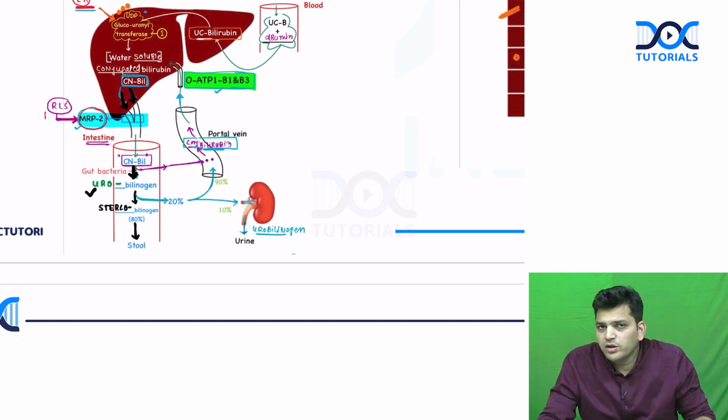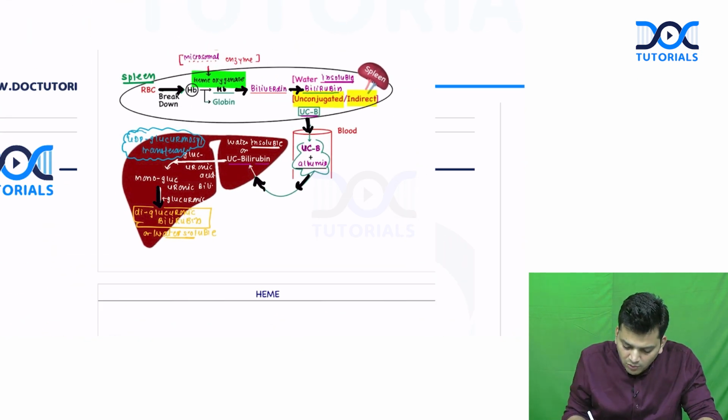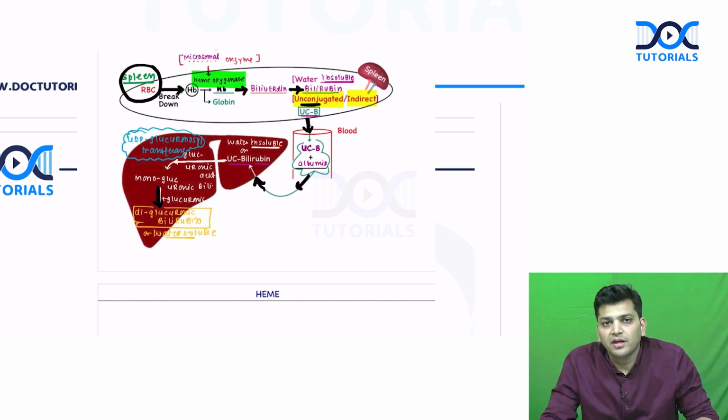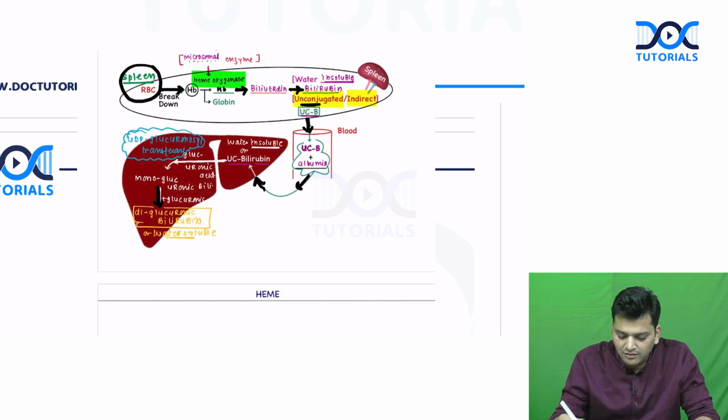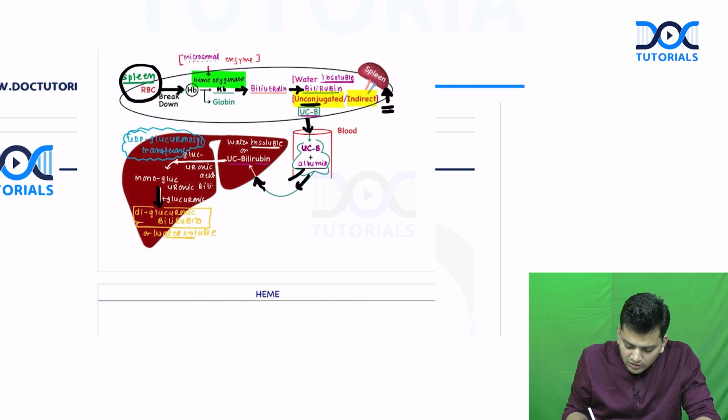So if there is more hemolysis, more unconjugated bilirubin will be made. So here, we are going to make more unconjugated bilirubin, because the spleen is the one that is doing the hemolysis, right? If there is an excess amount of hemolysis, because the G6PD enzyme is not there, and in any hemolytic anemia, the unconjugated, meaning the indirect bilirubin, is going to increase significantly, and that will go all the way to the liver.